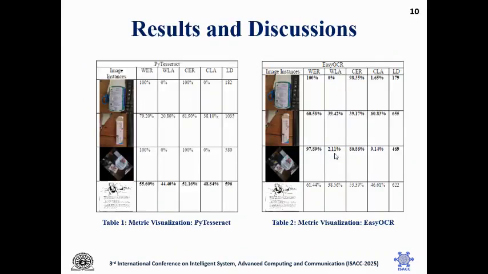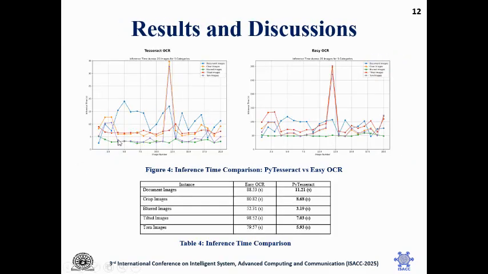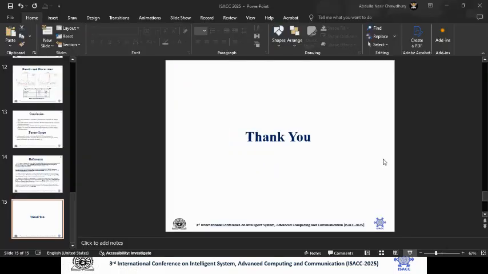You can see over here that these are the five categories for which we studied their performance. Yes, ma'am, 20 images per category. Okay, ma'am.